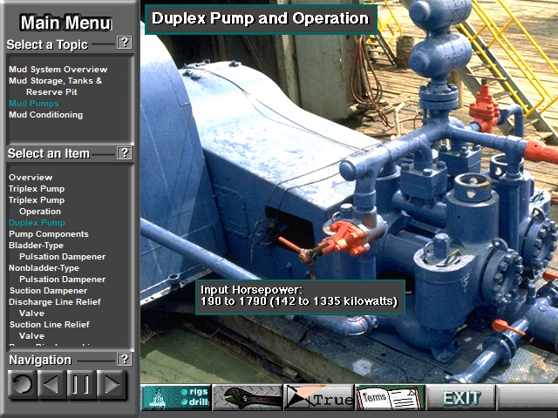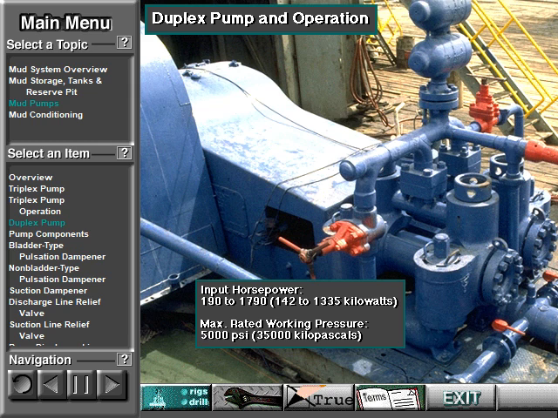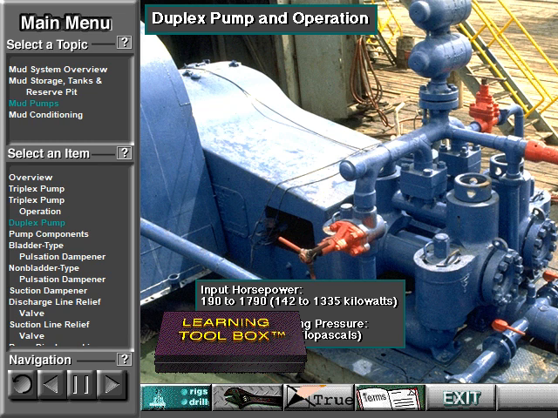Input horsepower ranges from 190 to 1,790, or from 142 to 1,335 kilowatts. The largest pump's maximum rated working pressure is about 5,000 psi, almost 35,000 kilopascals, with 6-inch 152 mm liners.